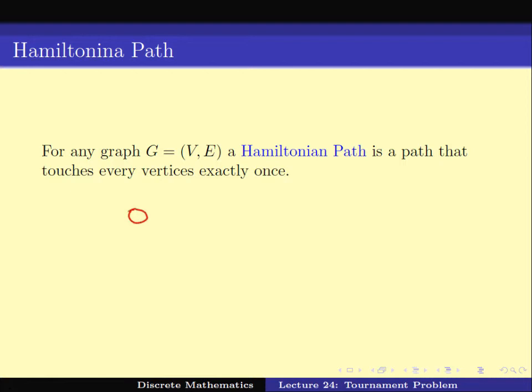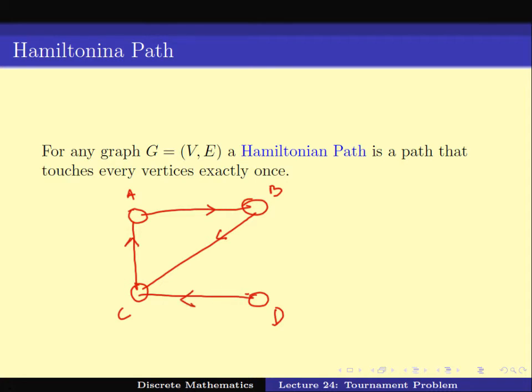Say I have four teams, A, B, C, D. Say A has defeated B, but C has defeated A, B has defeated C, D has defeated C, but D has been defeated by A and B has been defeated by D. So this is an arbitrary tournament graph.